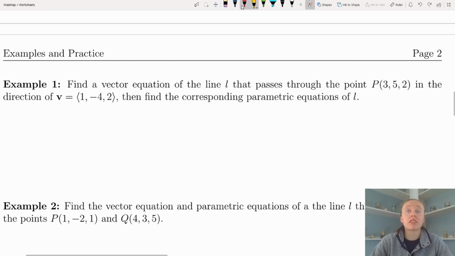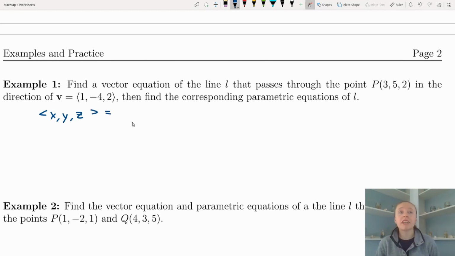So remember that vector equation, we're going to have some x, y, z, that vector, is going to be equal to the vector that's created from our given point and the origin. So head minus tail, that's going to be point P minus our origin. Again, let's just call that point O of 0, 0, 0.